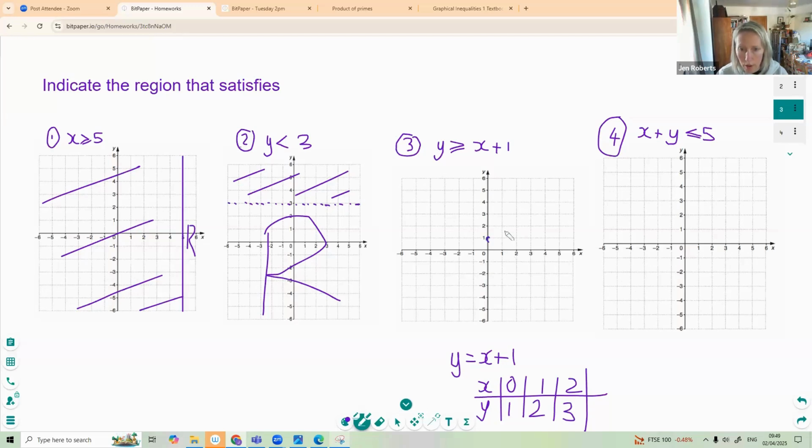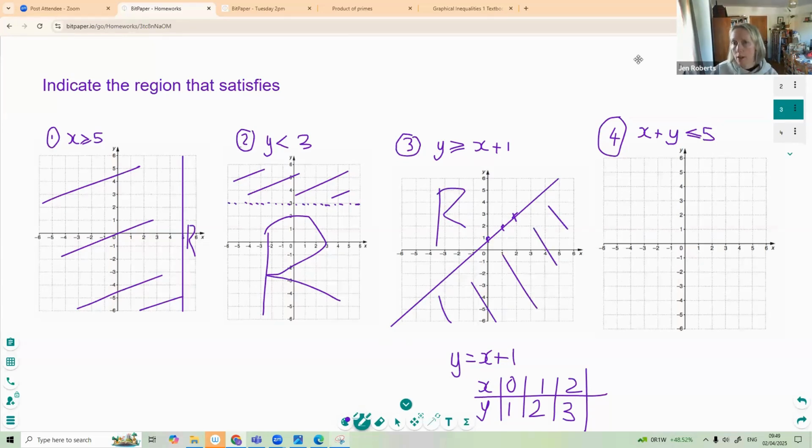So 0, 1, 1, 2, 2, 3. Join it up to make a straight line. Right, so this time, because y is bigger than or equal to, I want above the line. So this is my region, and this is the area I do not want.